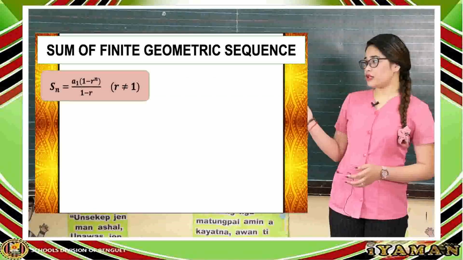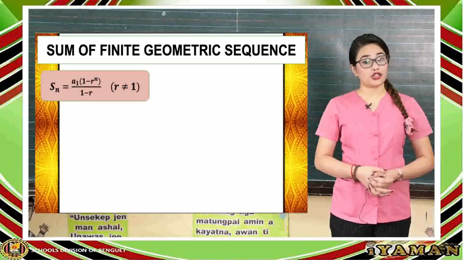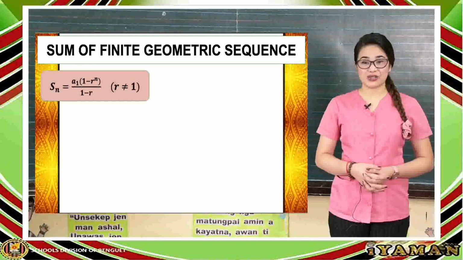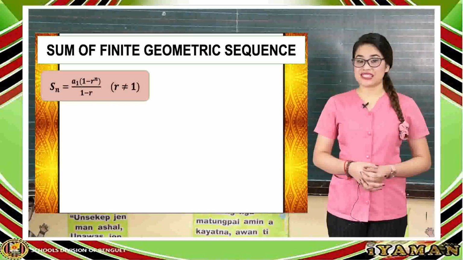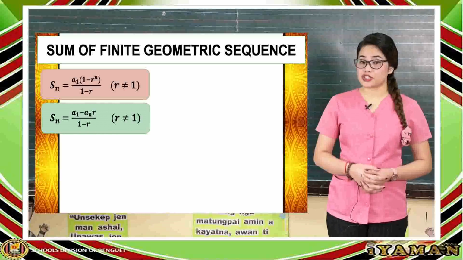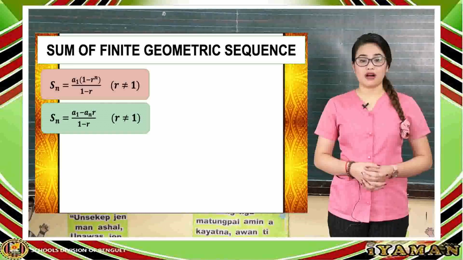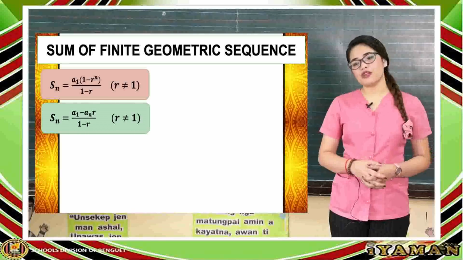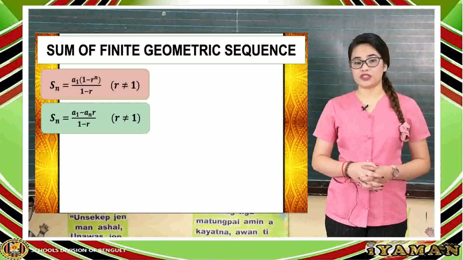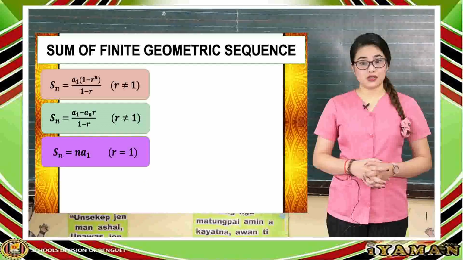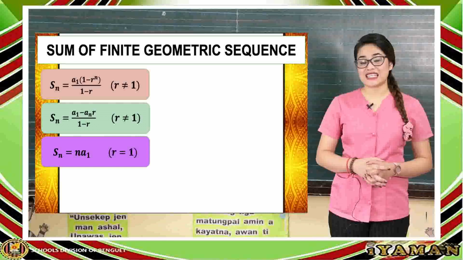The first formula is used when the number of terms, the first term, and the common ratio are known, and take note that the common ratio is not equal to 1. The second formula requires the first term, the last term, and the common ratio which is not equal to 1. This formula does not require the number of terms. The third formula is used when the common ratio is equal to 1.